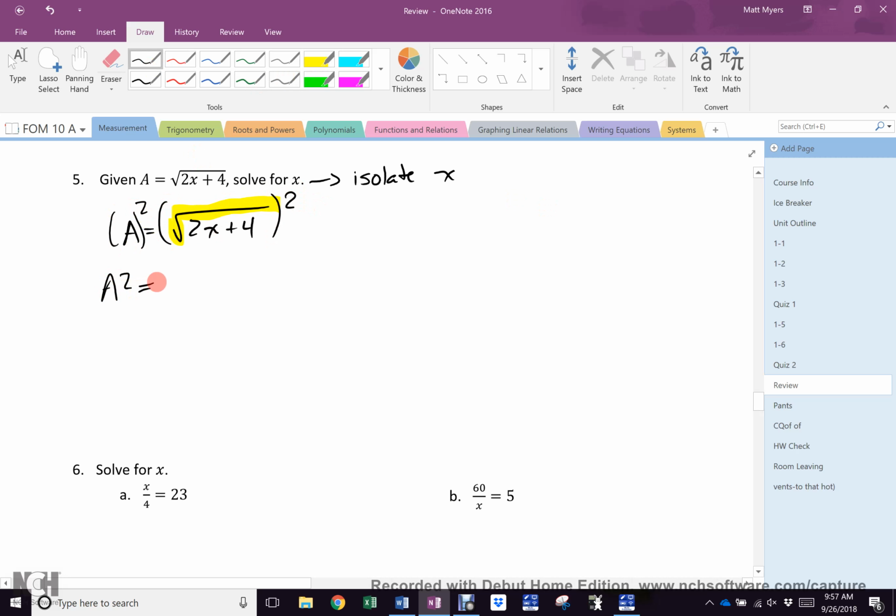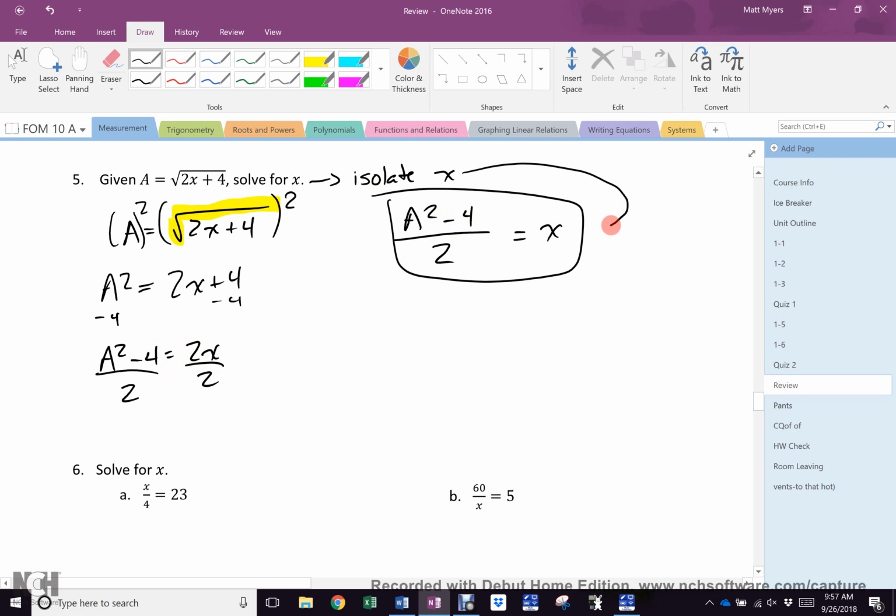A squared equals 2x plus 4. How do I get rid of plus 4? I subtract 4. A squared minus 4 equals 2x. How do I get rid of times 2? I divide by 2. So a squared divided by 2, minus 4 divided by 2 equals x. And then I'm done because x is isolated.